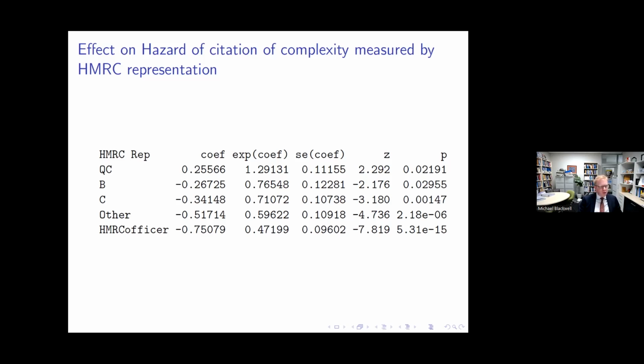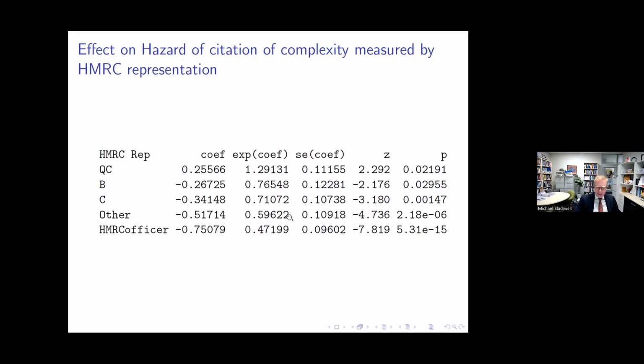For those slightly more complex matters, HMRC will use the panel in that order. And if something isn't complex at all, they will actually send their officer, either the inspector or an employed presenting officer, to the tribunal. And there are a number of cases where there's a barrister instructed who doesn't appear to be on the list, and those are the other cases.